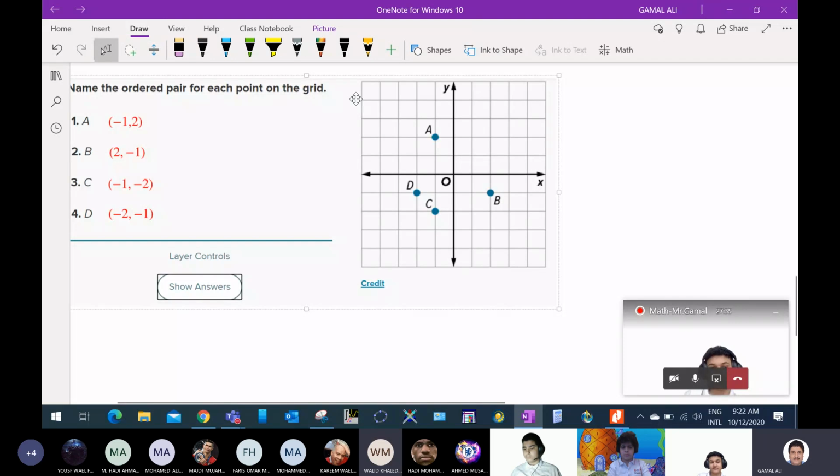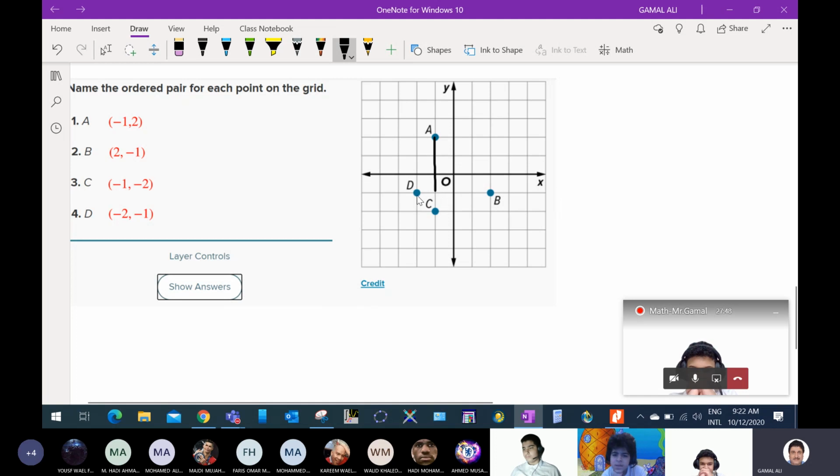As Muhammad Hadi said, we have many ways. For example, if I want to find the slope of AD graphically, I can make a right triangle like this. Then rise over run. Is it positive or negative at first?